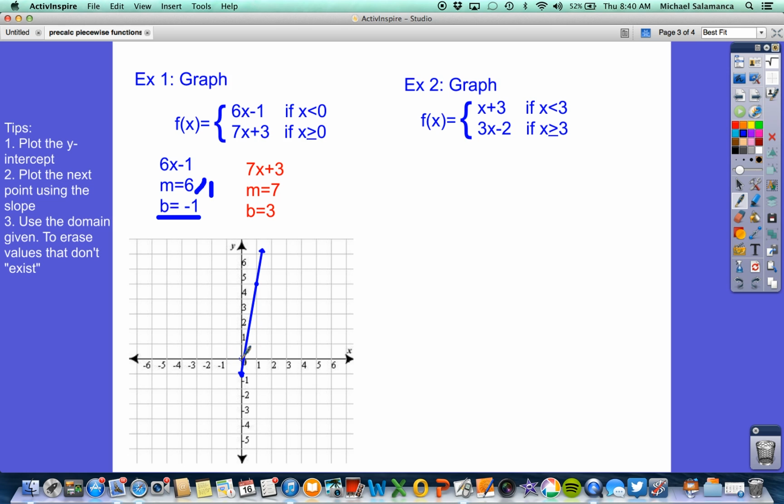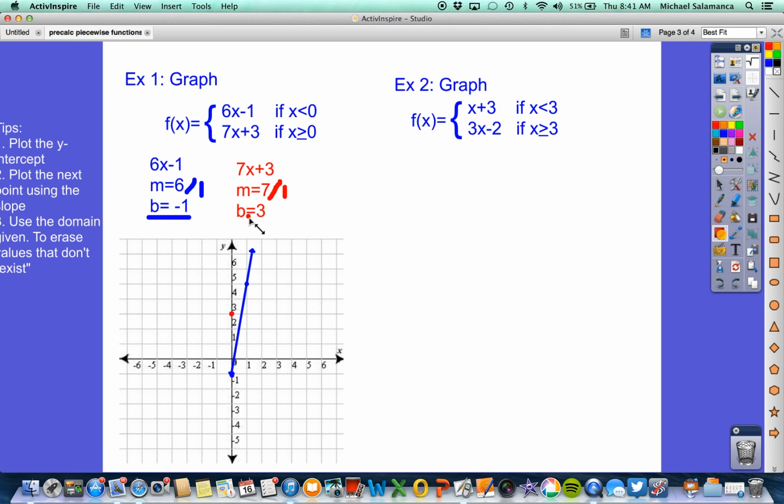So instead of starting at the origin, we go up 3, 1, 2, 3, and start here. Our slope is 7, or 7 divided by 1, so we rise 7, 1, 2, 3, 4, 5, 6, 7. We're going to estimate that, and run 1. So we have a line that starts up here and goes through this slope over here.